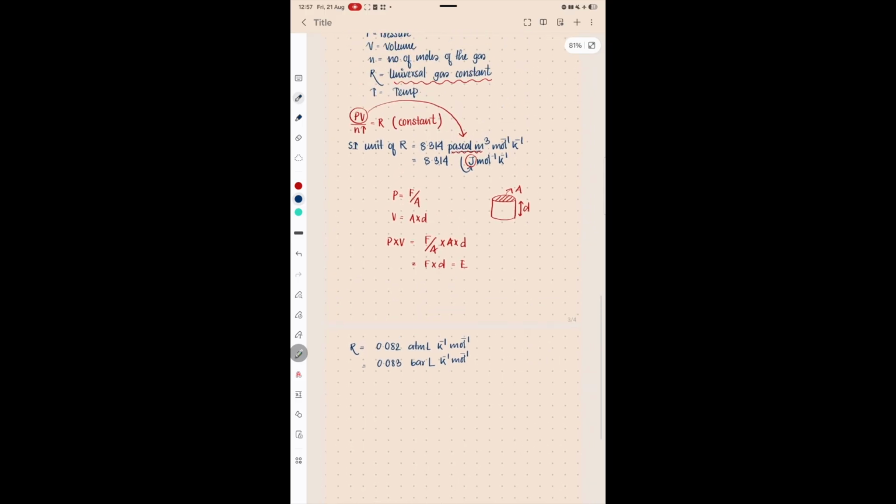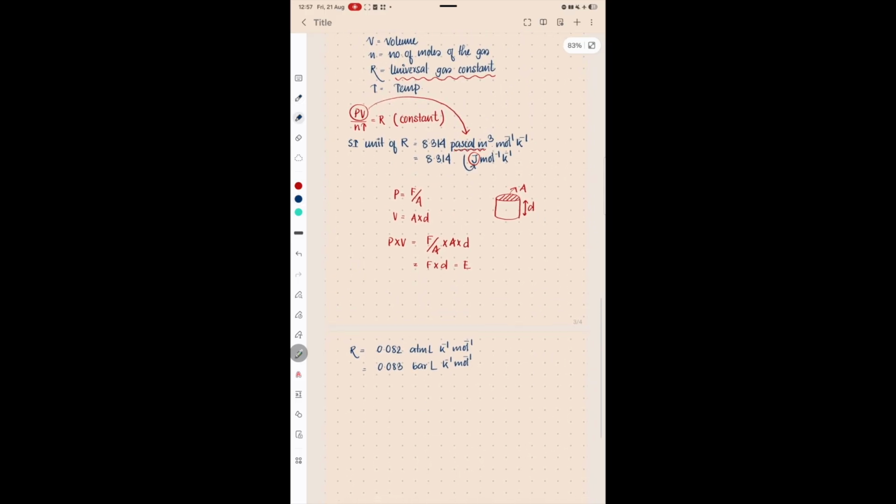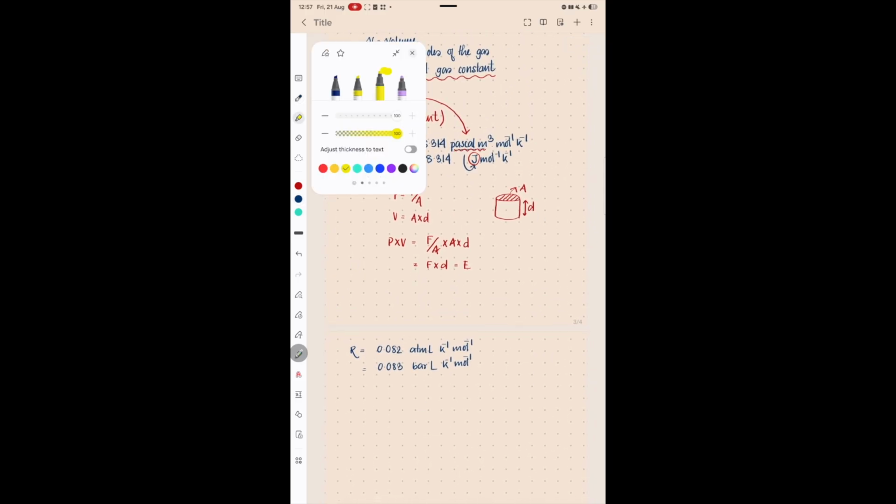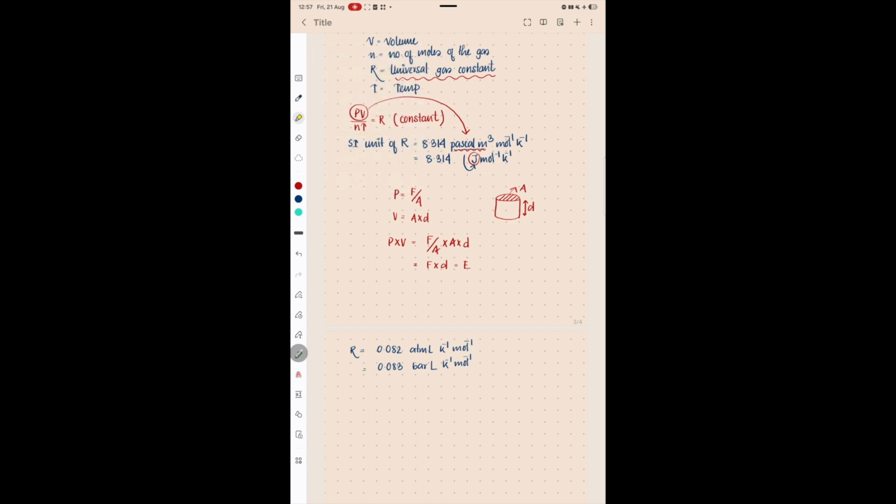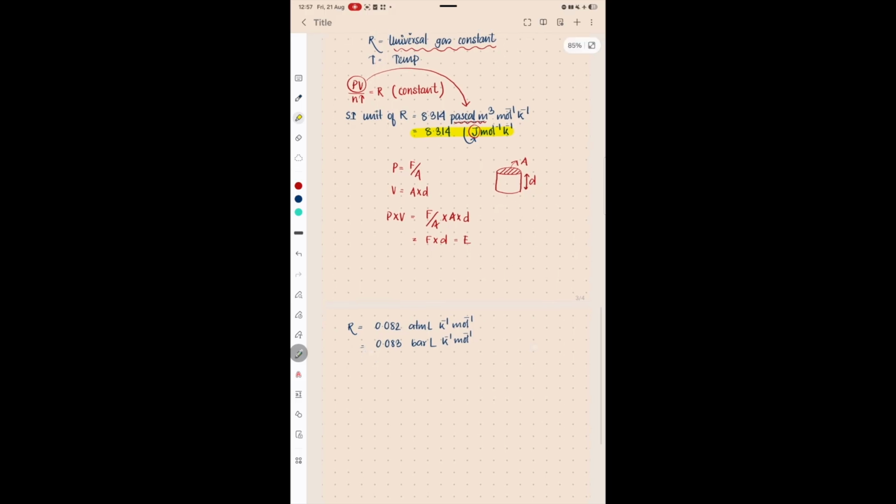Now the important thing is that for numerical purposes you need to remember these values with the units, because in numerical problems there will be conversions, you may have to use the conversions. So for that you need to remember these things.